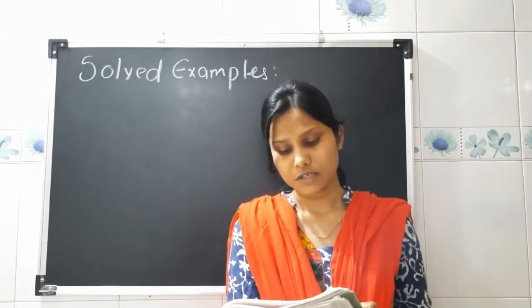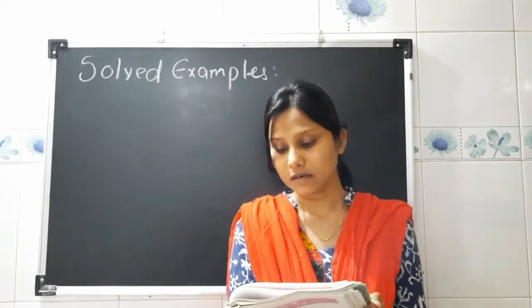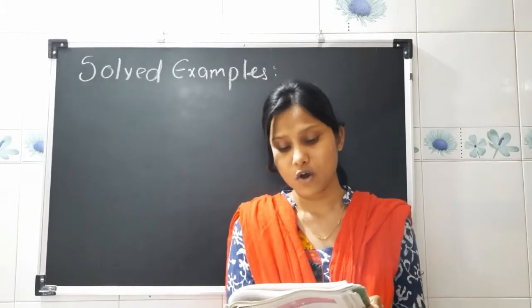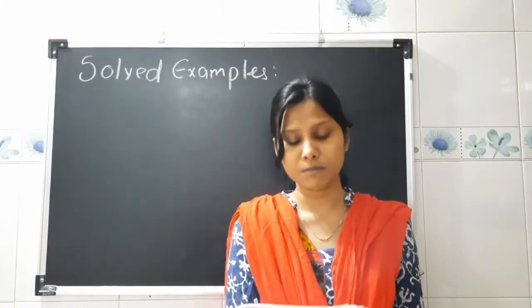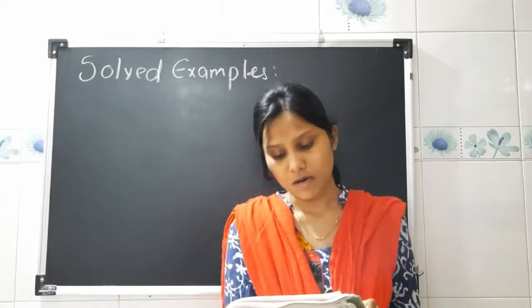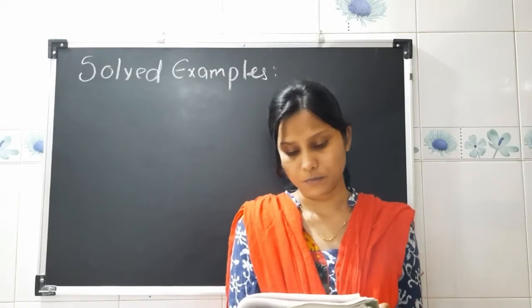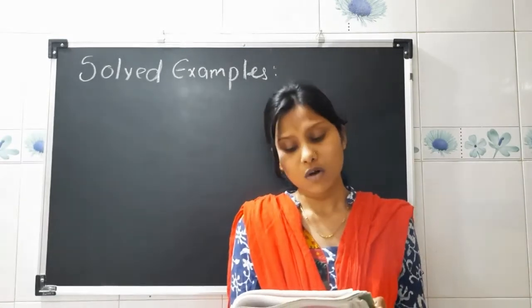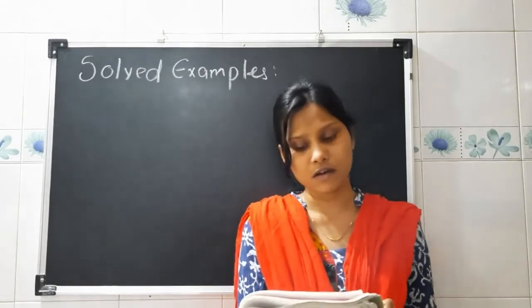Vinita deposited rupees 15,000 in a bank for 1 year at an interest rate of 7% per annum, that is 7 PCPA. How much interest will she get at the end of the year? Now what have they given? Vinita deposited rupees 15,000 in her bank.